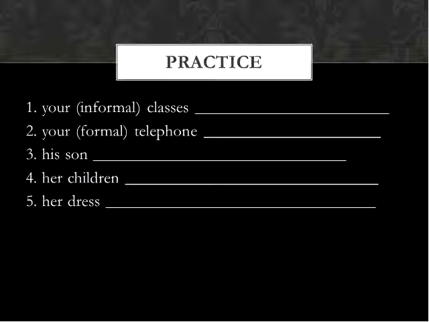So what would that one be? Number 4. So if it's more than one, sus hijos. Sus hijos. Take a look at this one. Okay, very good. So we need to look up what her is.